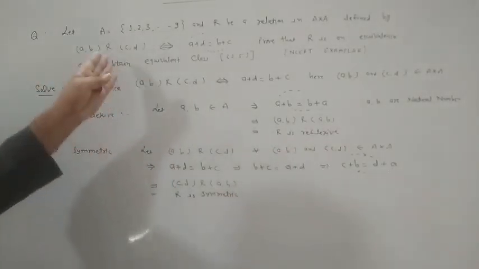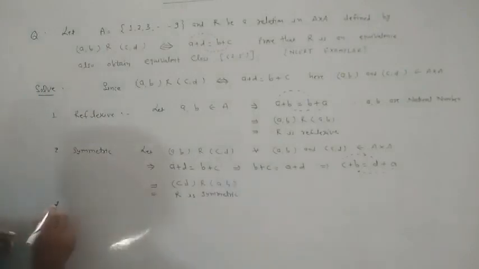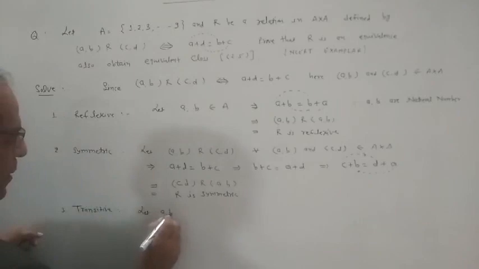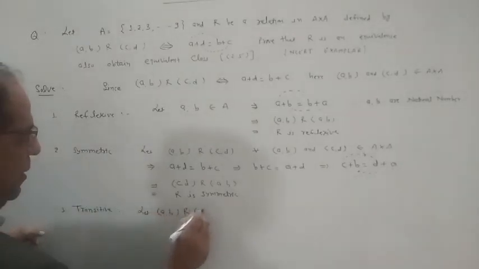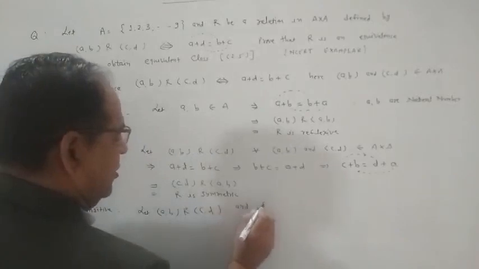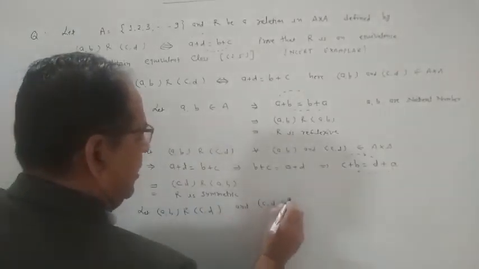Now we want to prove whether R is transitive or not. Third point, transitive. Let the pair (a, b) be related to (c, d) and (c, d) be related to (e, f).